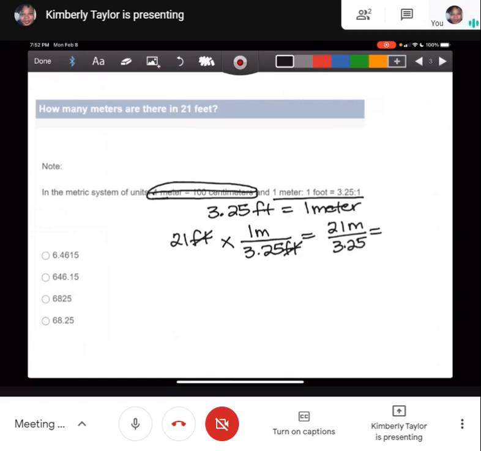When you do that in the calculator, of course, you get 6.4615 meters. Okay, that's the dimensional analysis. That's what I call this.